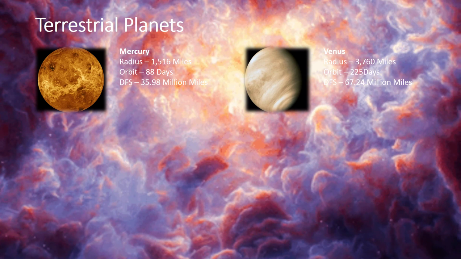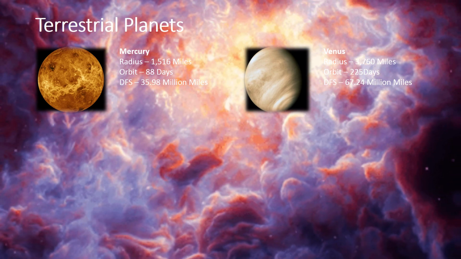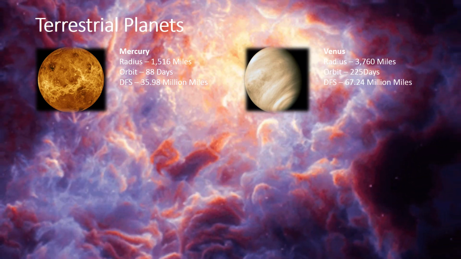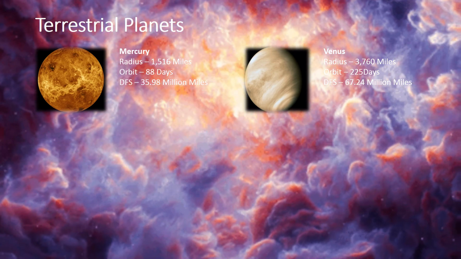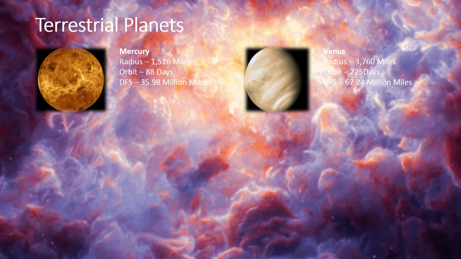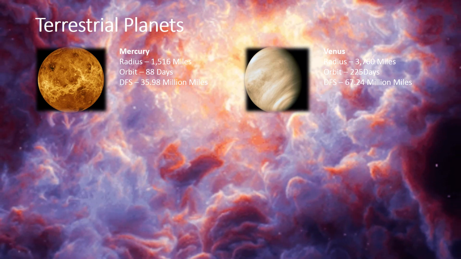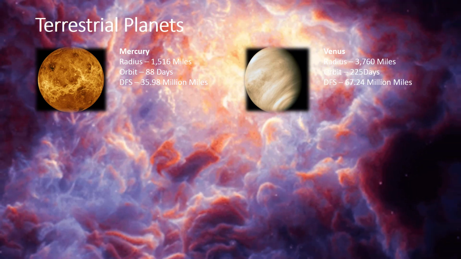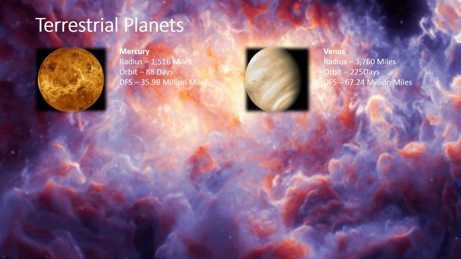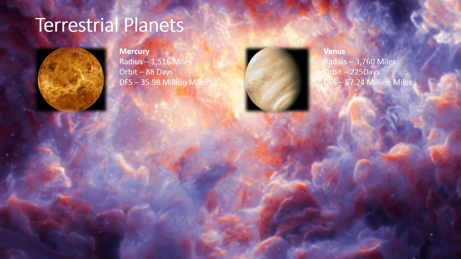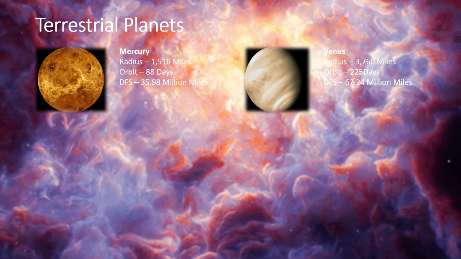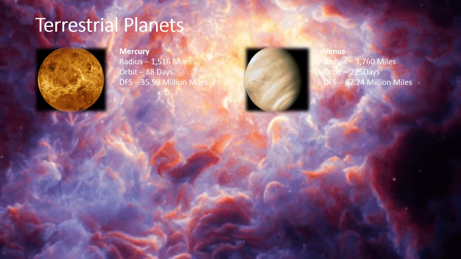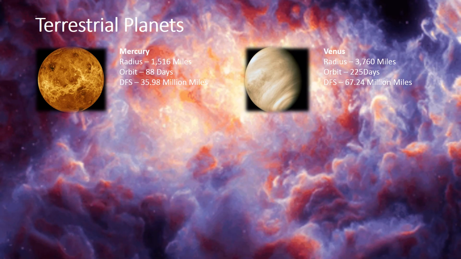Now, the second planet in our solar system, this is the second closest planet, which is Venus. And the radius of Venus, as you can see, Venus is actually quite a bit larger than Mercury. Okay, so from one side of Venus to the other side of Venus, the diameter, which is different, which is twice the radius, you're looking at about 7,400 miles.